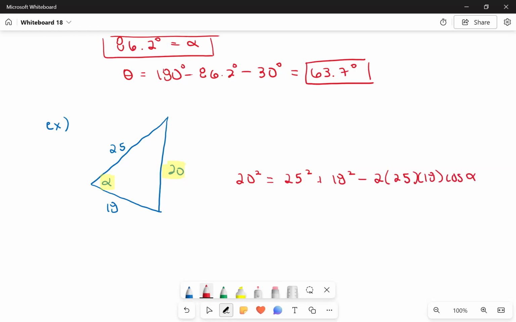Okay, so I'm going to start working all this out. 20 squared is 400. 25 squared is 625. I don't know where I came up with 900. 18 squared is 324.